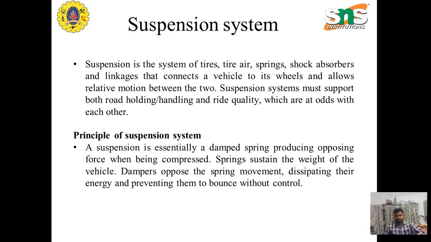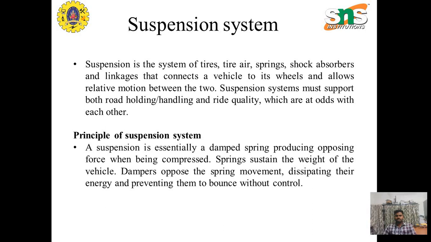We have different systems or components: the chassis, and after the chassis the steering system, and then the transmission system that may include the clutch, gearbox, differential unit, and drive shaft. After that we have the suspension system, and then the braking system. So these are the gradual order of the systems of components in an automobile vehicle.